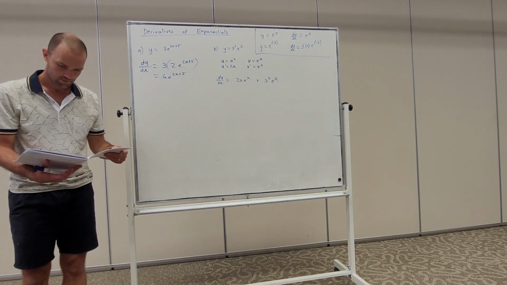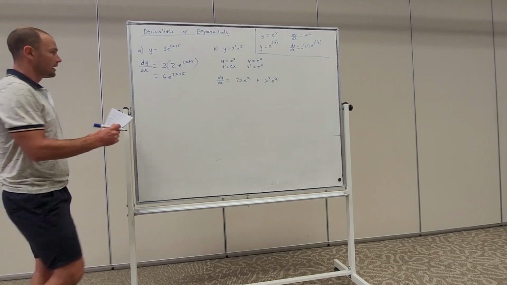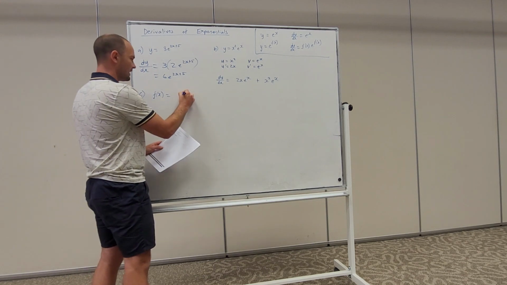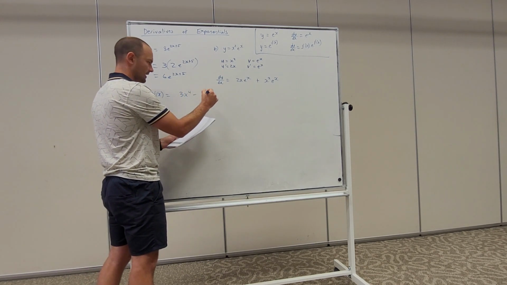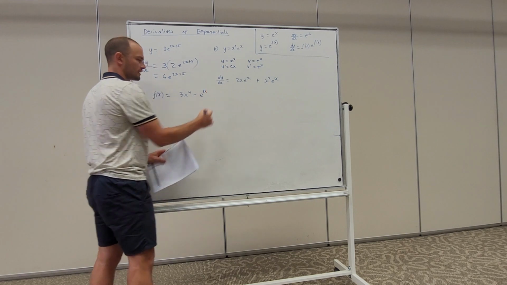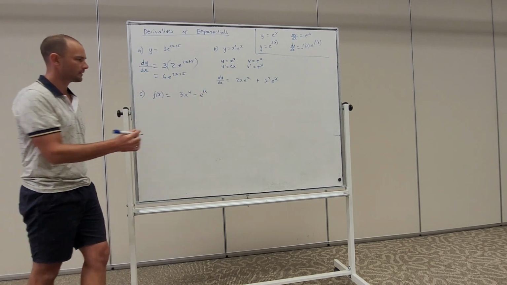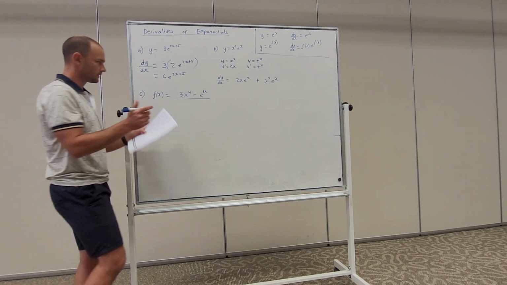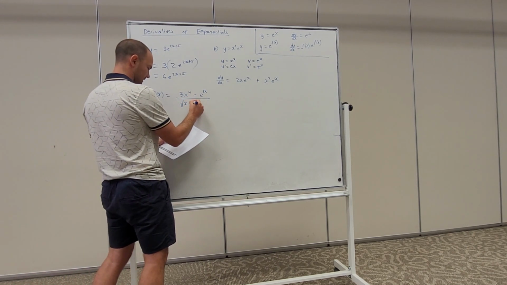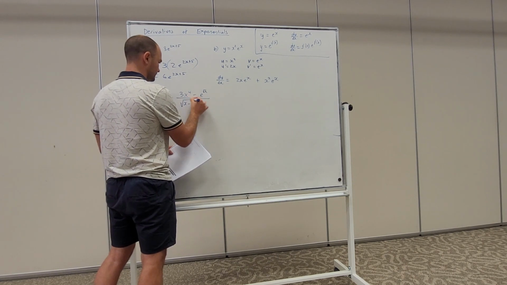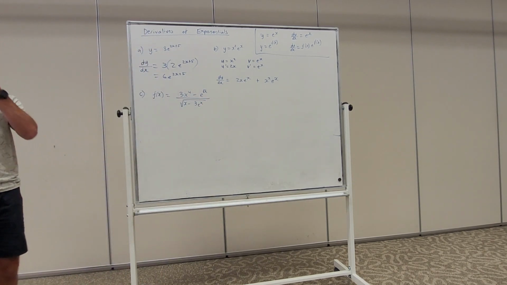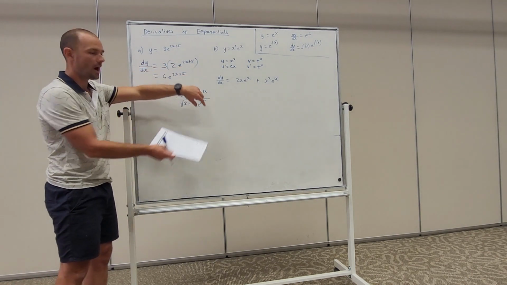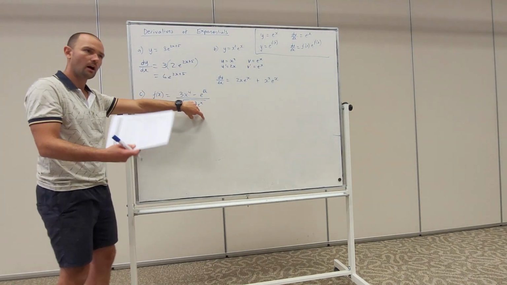Okay, let's go through C then. In C, we have f of x is equal to 3x to the 4, take e to the square root of x. That's what's happening at the top. And all of that is on top of the square root of x take 3e to the x. We have here one function divided by another function.